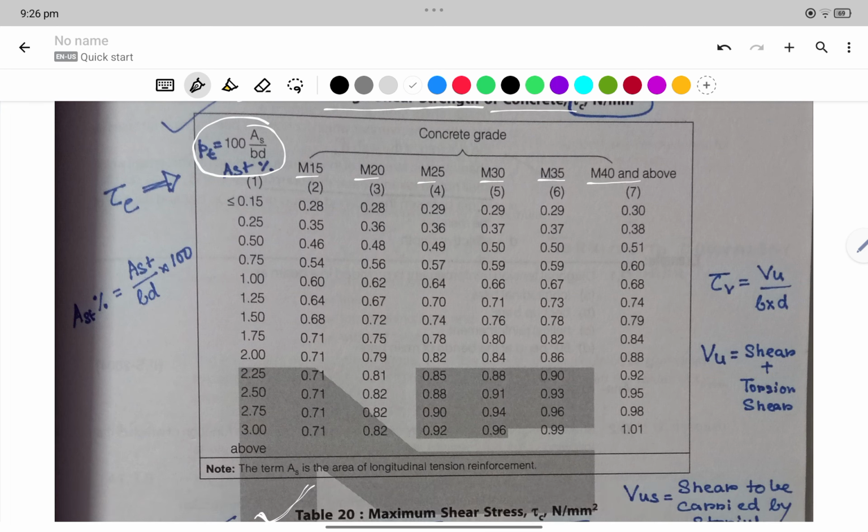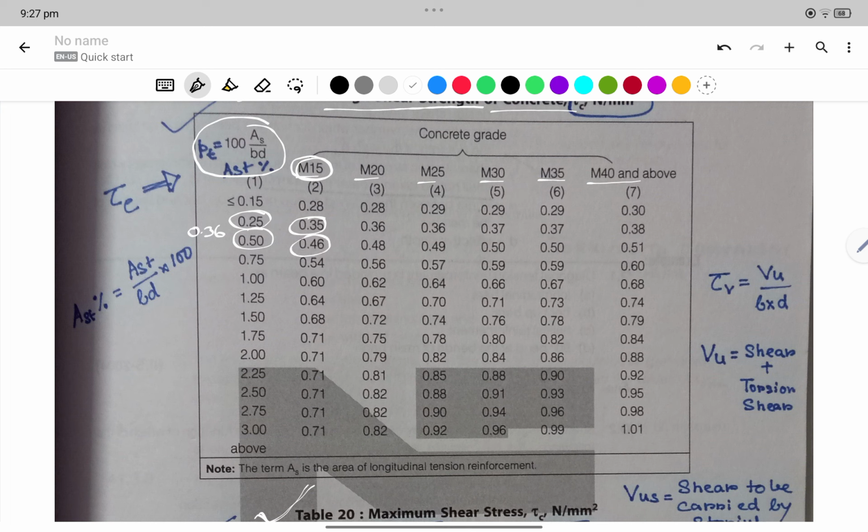See, if the percentage of steel is say 0.36, the value lies between this one and this one. Then we have to do interpolation. Say for M15 we are finding it out, the value will lie between these two values.